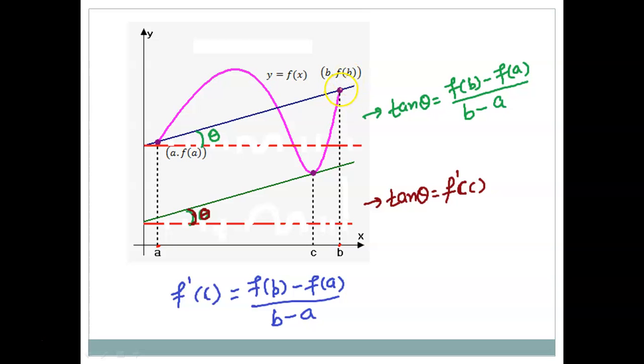Now what will be the meaning of f(b) minus f(a) divided by b minus a?